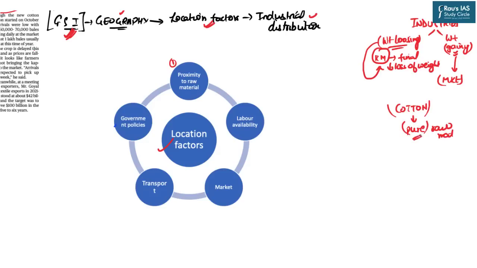By pure raw material, we mean that whatever the weight of this raw material is, all of it enters into the final product. So by this logic, the cotton textile industries can be located in proximity to the raw material as well as in proximity to the markets.